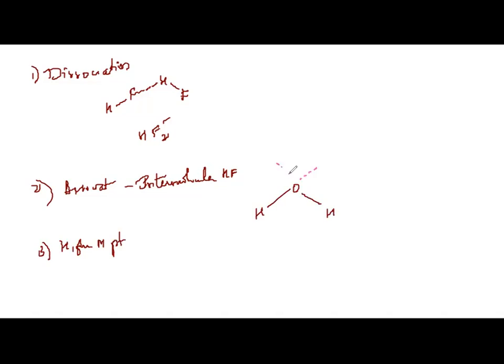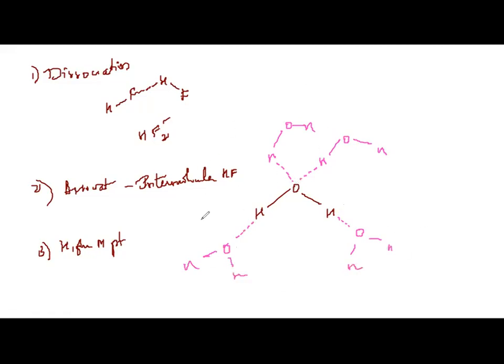So it will combine with 2 hydrogen atoms of other water molecules. And this hydrogen will combine with oxygen of other water molecules. So altogether, how many hydrogen bonds are formed? One water molecule can form 4 hydrogen bonds.